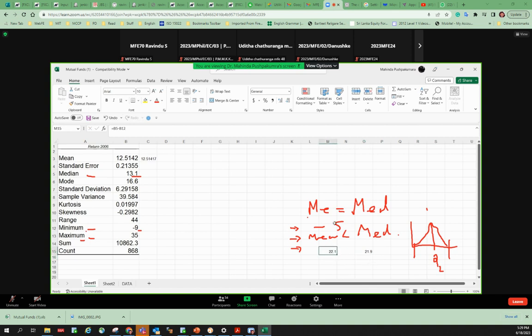This is 22.1. This is 21.9. Then median minus minimum is sorry, greater than maximum minus median.